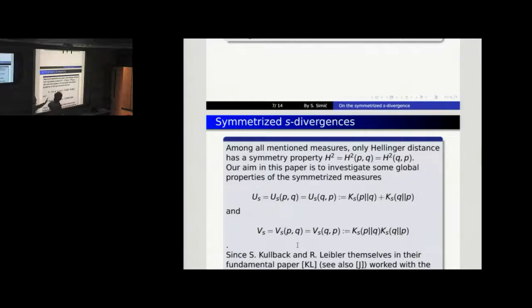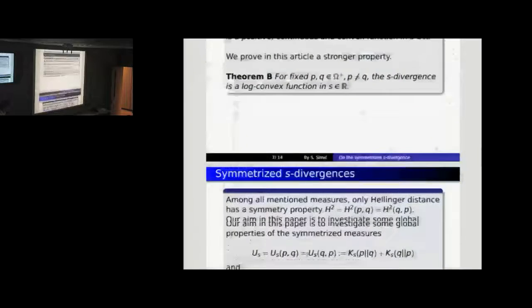It means that there is symmetry when you swap P and Q. We said it is symmetrized, but it rarely happens. Of all of those measures, we have only this one with the symmetry property, the Hellinger distance.